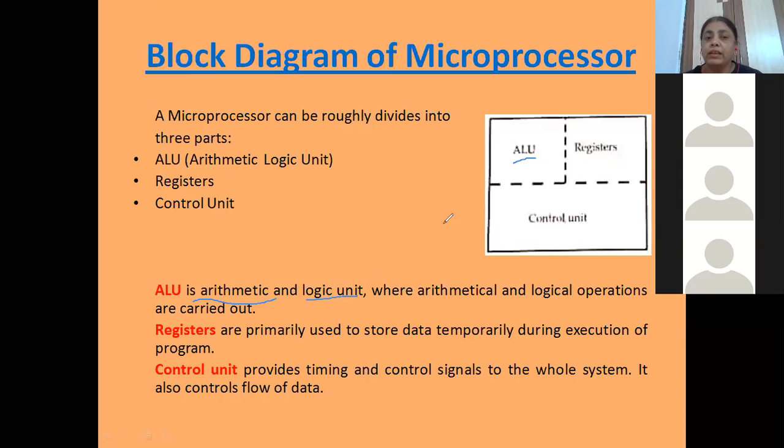So in our 8085 microprocessor, we cannot perform all operations. We can perform only addition, subtraction, increment and decrement operations, but we cannot perform multiplication and division.